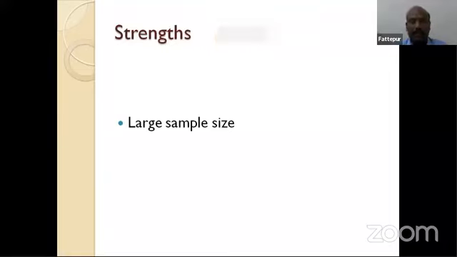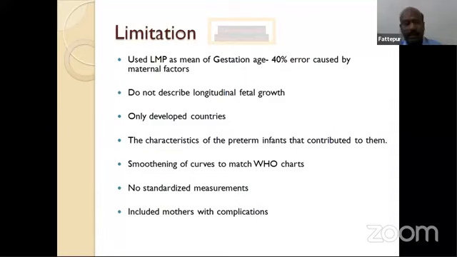But what are the limitations? Most of the intrauterine growth charts use the last menstrual period for gestational age assessment. Many of us know that taking LMP as a measurement of gestational age is associated with a lot of errors. Almost 40% error is there, and many studies have already proven that.